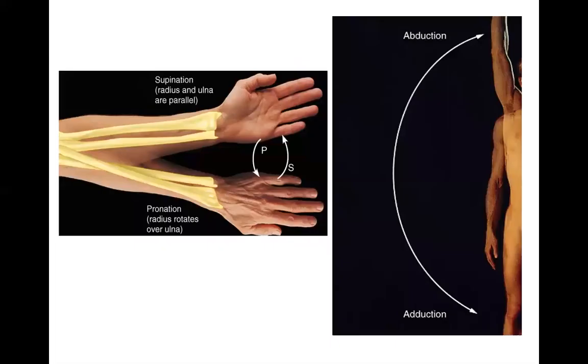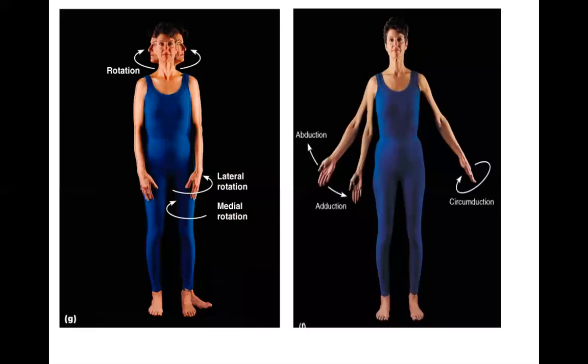Looking at the picture, circumduction is creating circular motions versus rotation, which is moving around the axis of your neck, creating the action of shaking your head no. You can have rotation for your leg as well.